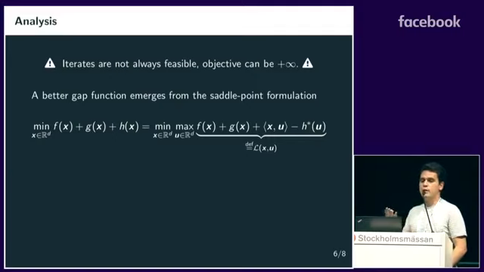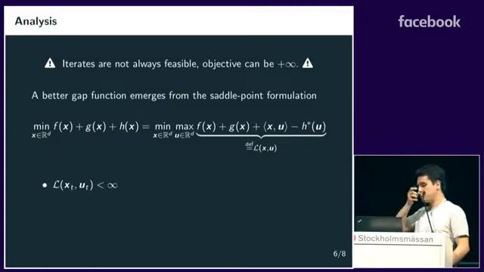So what we do is, instead of considering the objective function as a gap function to measure suboptimality, we chose instead to relax this objective function onto a saddle point problem. So using simple Fenchel duality, we transform the original problem into a saddle point problem where we're minimizing not over one variable, but over 2 variables.